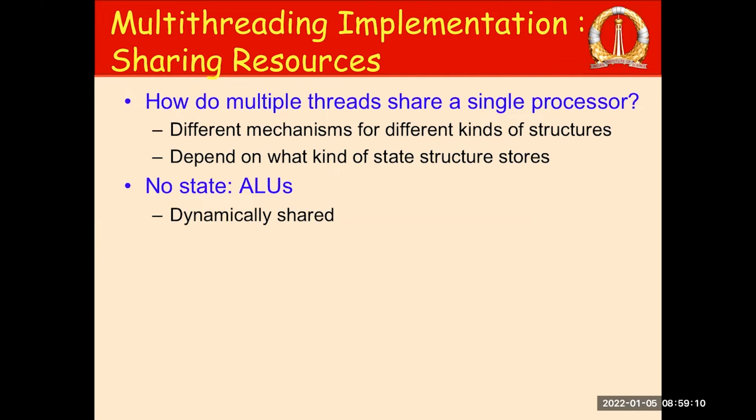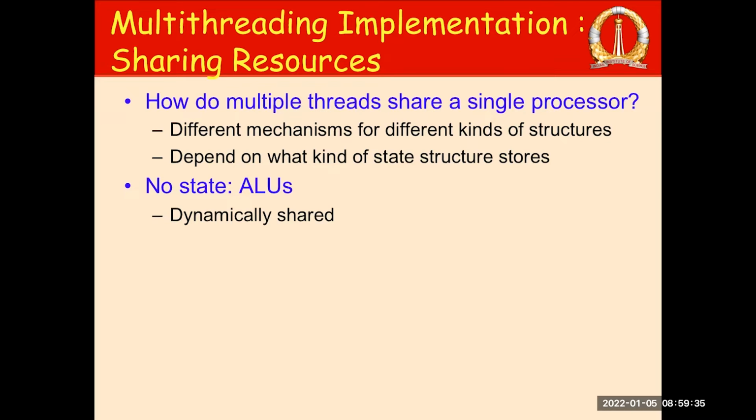When you talk about resources which do not have any associated state with them, for example, the functional units or the arithmetic and logic units, right? They are simply shared across all the threads, and they are essentially time multiplexed. That means that in different cycles, possibly instructions from different threads may be executing on them.